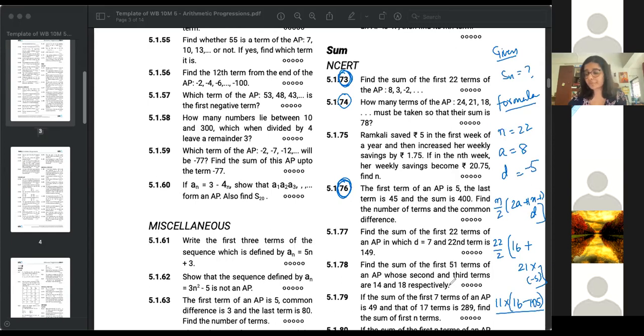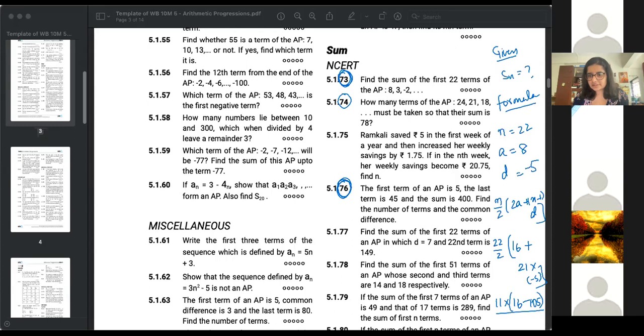Okay, you have to find the common difference also. Oh, a lot more people have done it.